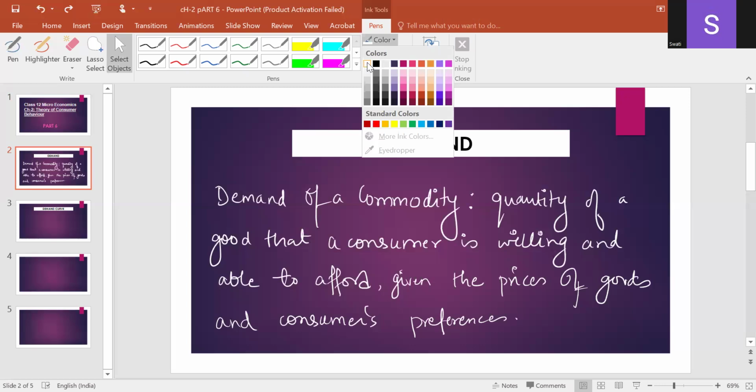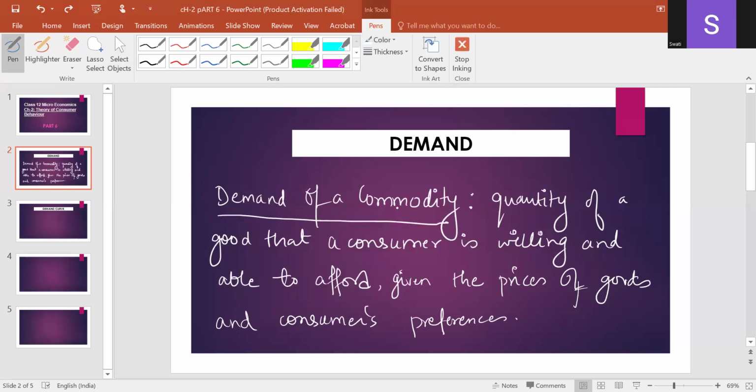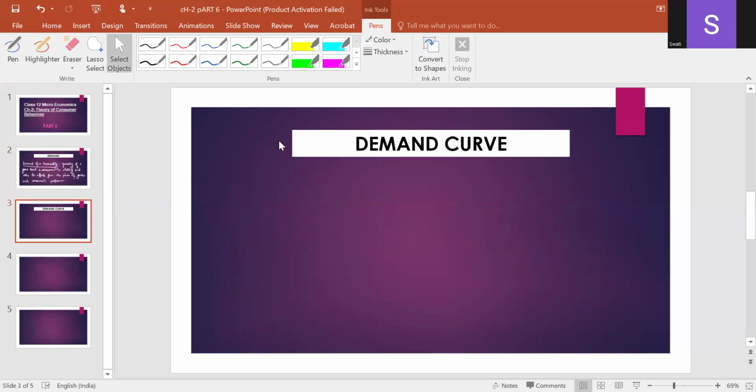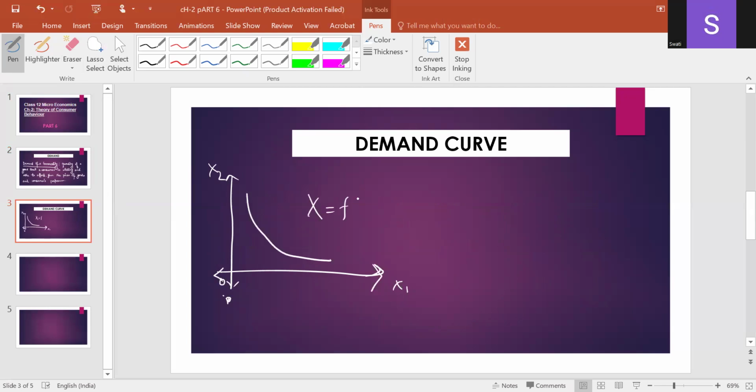All right. Now we can also show this in the form of a graph as well. X2, X1, and this is x is equal to a function of price, right?